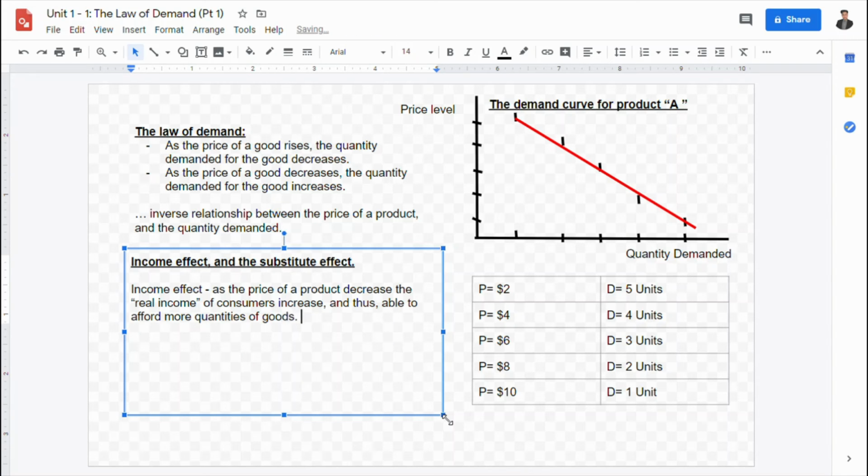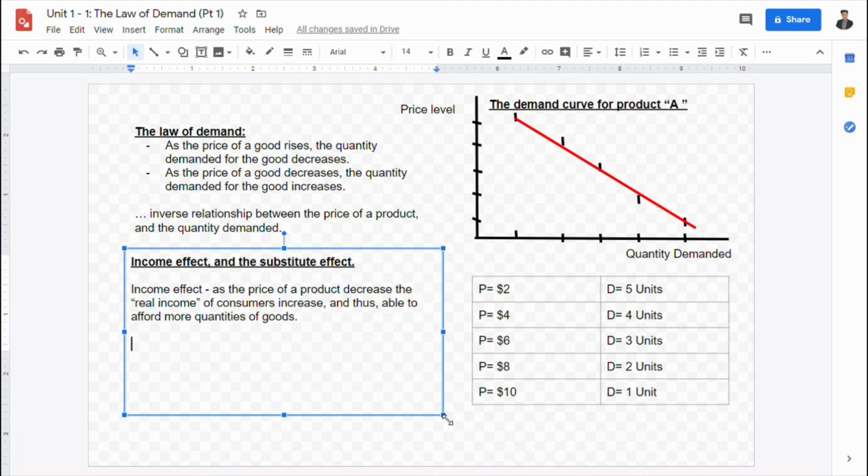Let's say you want to buy this product, but because you only have a certain amount of money, you are unable to buy more. However, as the price decreases, your real income increases, so you are able to afford a greater quantity of goods. Therefore, the demand for the good will increase as the price decreases.